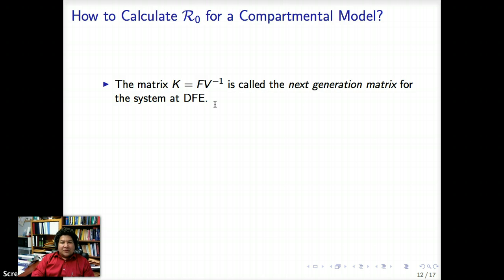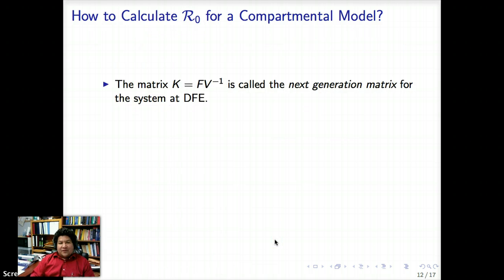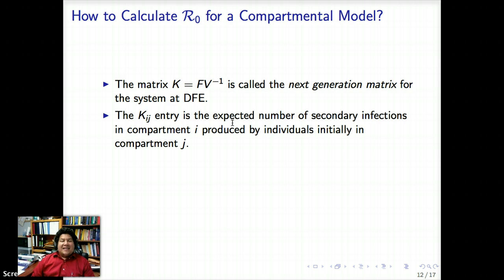There are methods for computing the inverse of a matrix, so you just keep that in mind. But once you figure out the inverse of that matrix, you multiply F times V inverse, and that is the matrix K, known as the next generation matrix.